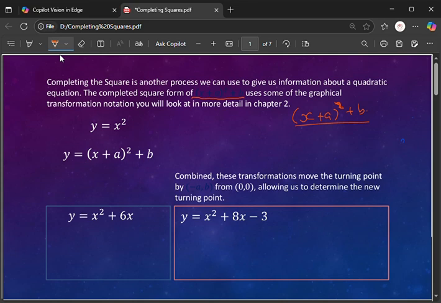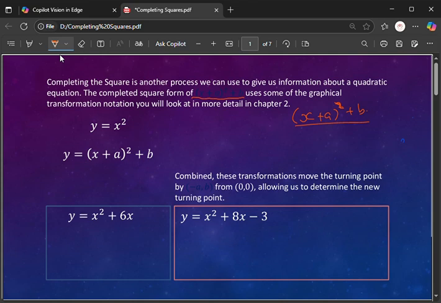So this is completing squares, and we are going to look at it in detail so you can see how this is useful. This is also applied when we are asked to find turning points of a certain curve. We use completing squares, as we shall see in the coming video.